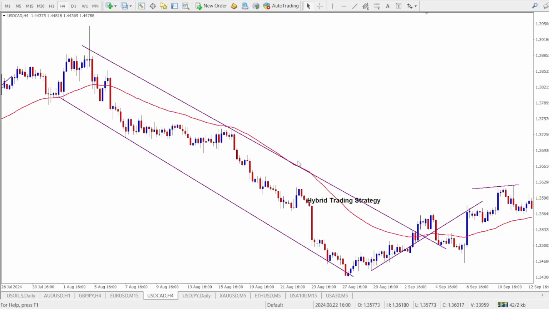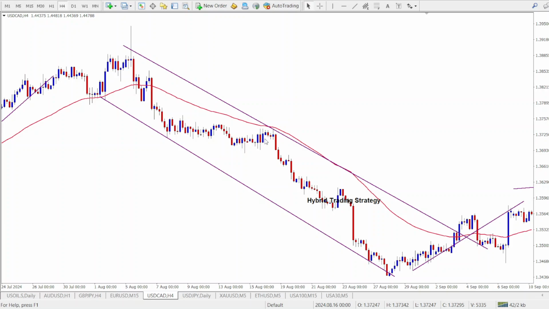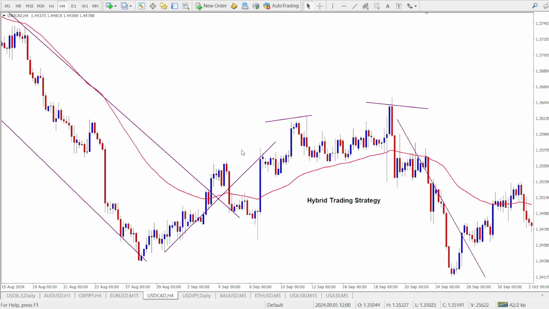And then thirdly, you need to set clear entry and exit points. For a hybrid strategy, precision is key. Use candlestick patterns or breakouts to confirm your entry.